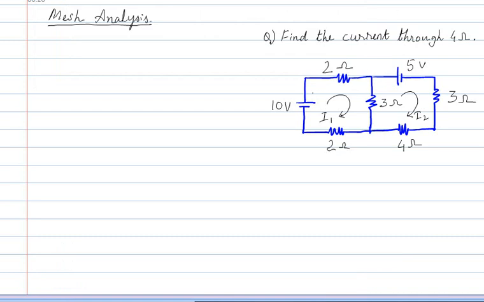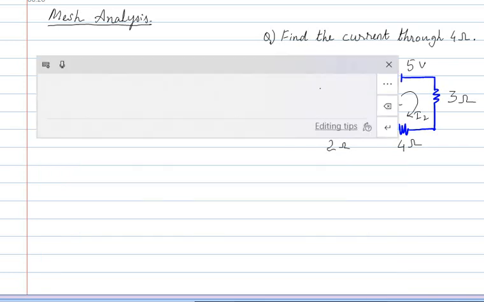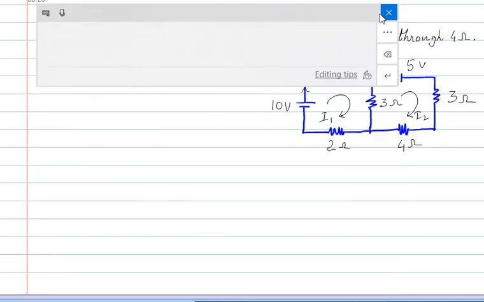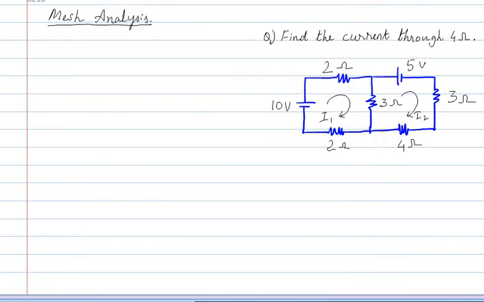When I do this, what you have to very clearly understand is what the currents are. Since I1 is flowing in this particular mesh, here the current will be I1. So through this 2 ohm resistance, only the I1 current will flow.